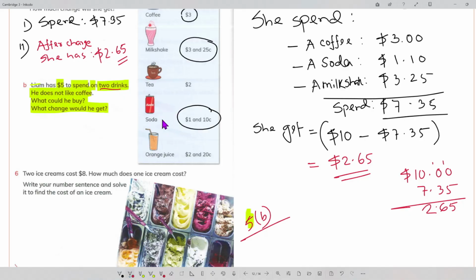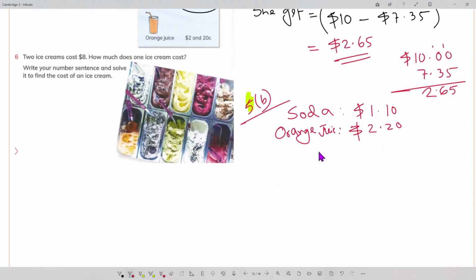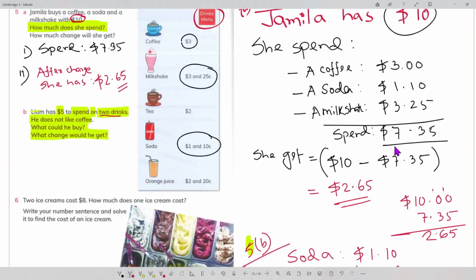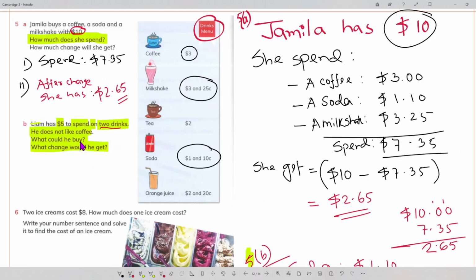He can buy 1 soda. The soda price is $1.10, and orange juice, which is $2.20. So total spent is $3.30.